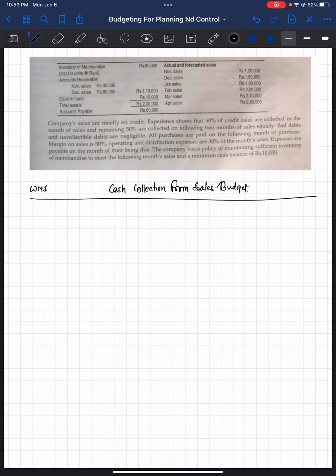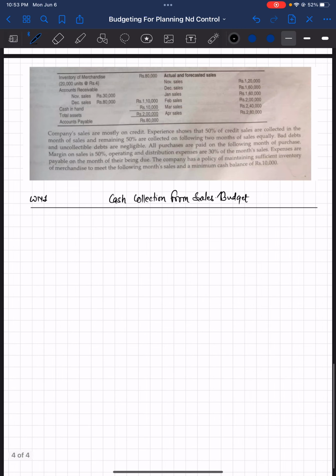One thing you need to be mindful of in this budget is the number of months that you are going to take. As I've said, you take all the months of the actual sales, which in this case are November and December, and you take the sales for the first 3 months of the projected period. The reason is that you're being asked to calculate the projection until the end of March.